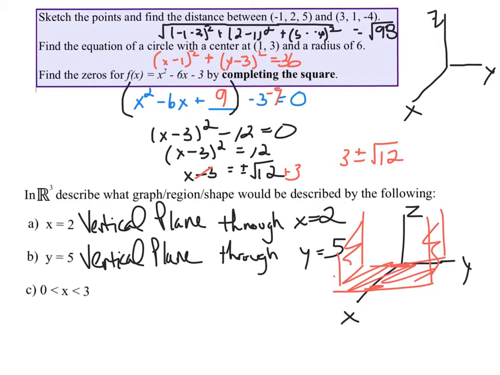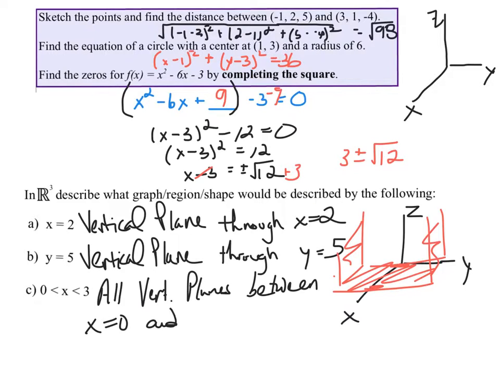So we say it's a huge volume or all of the planes between 0 and 3. So all vertical planes between x equals 0 and x equals 3. Or if you want to say the huge block, the volume between that, that would be acceptable as well.